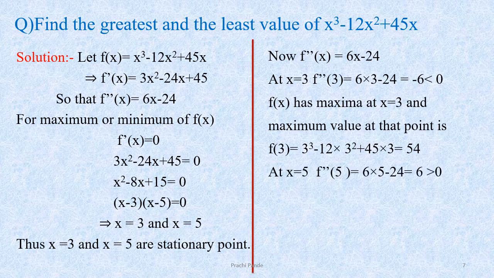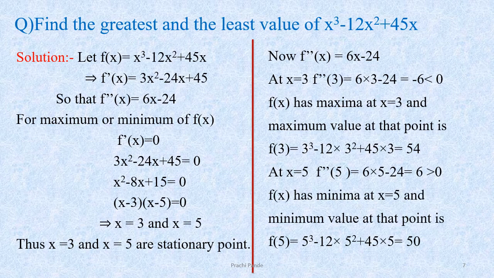At x equal to 5, f double dash 5 is equal to plus 6, which is greater than 0. Therefore, f of x has a minima at x equal to 5 and the minimum value at that point is 50. So, this is the greatest and the least value of the given function at the stationary points.